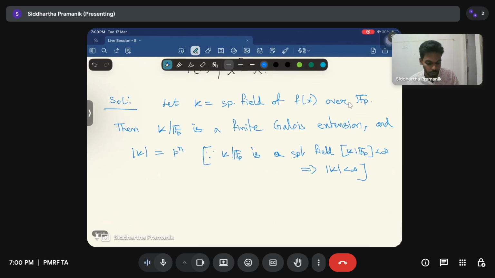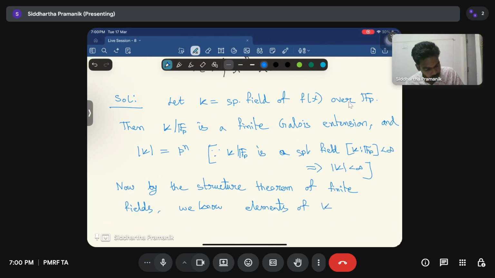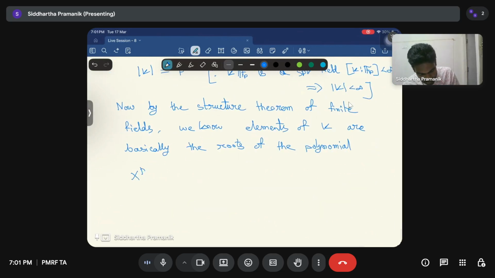And by the structure theorem of finite fields, we know the elements of K are basically the roots of the polynomial x power p power n minus x belongs to Fp[x], right?